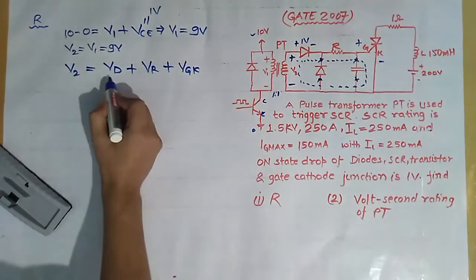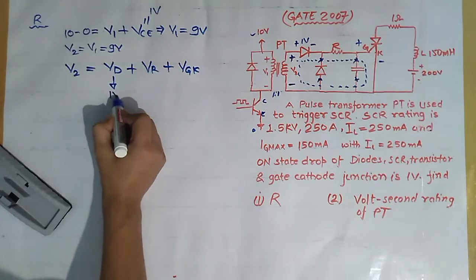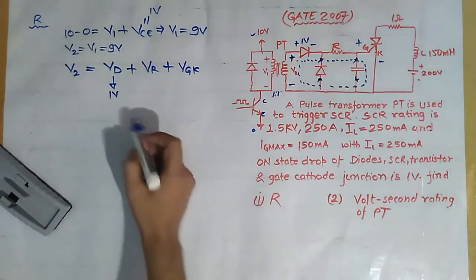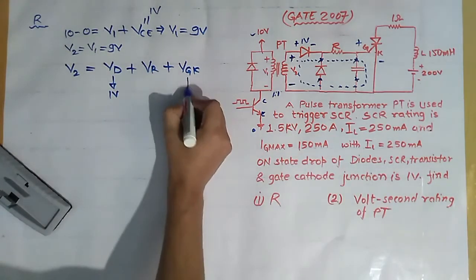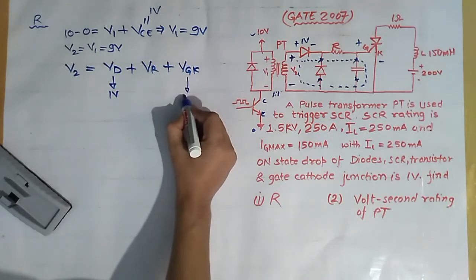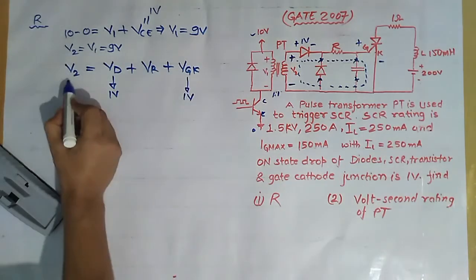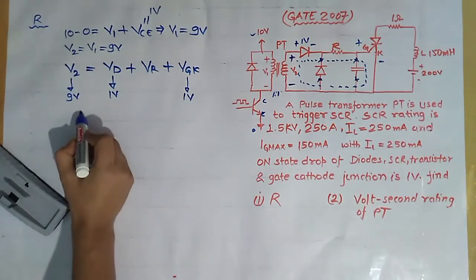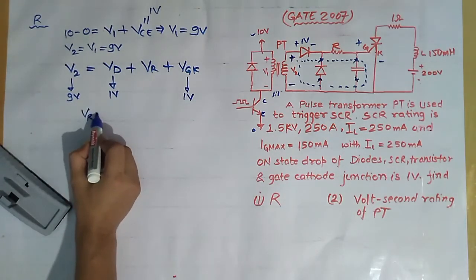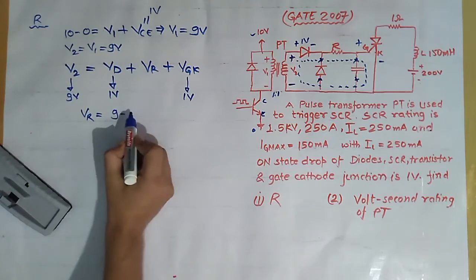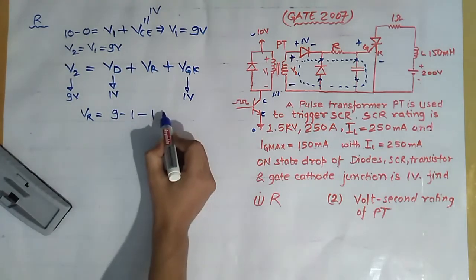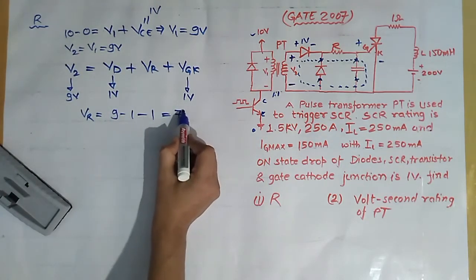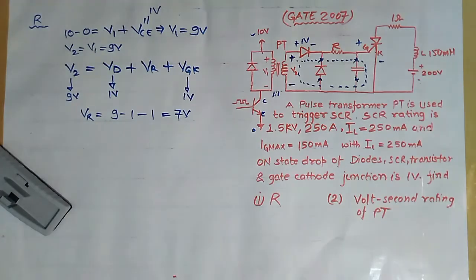And this VD is 1 volt. The drop across diodes and gate cathode junction, all drops are 1 volt, and V2 is equal to 9 volt. So on solving this, we get VR equals 9 minus 1 minus 1, that is equal to 7 volt. So VR is 7 volt.